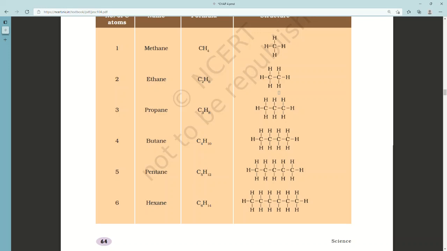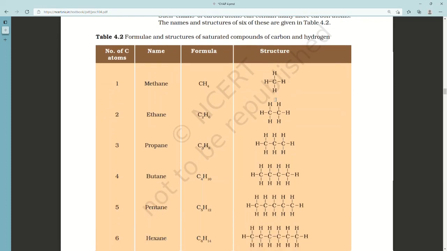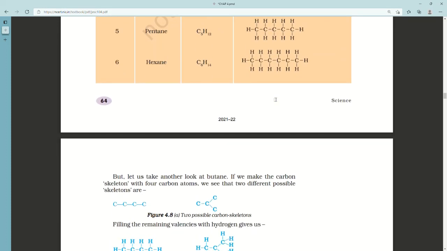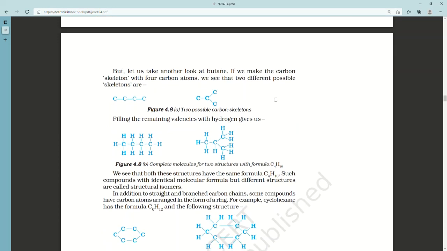So the compounds which have hydrogen and carbon and which are saturated, which means they have only single bonds in them, are called alkanes. A-L-K-A-N-E-S. The spelling is important.